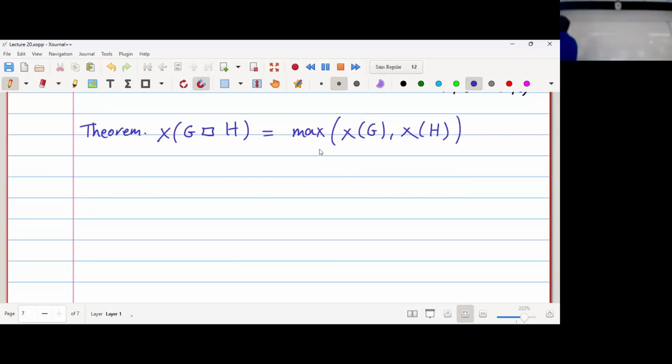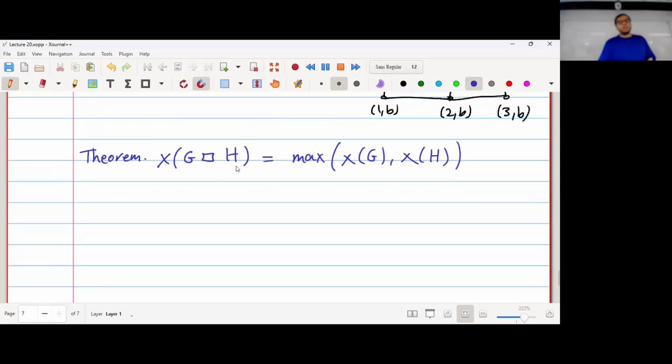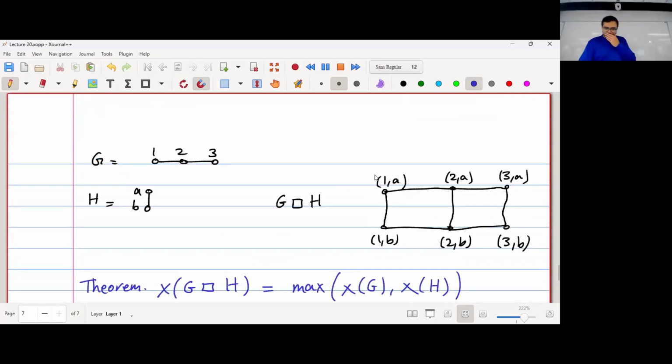So first of all, do you agree that when I take the product of two graphs, and again, none of the graphs are empty, I'm going to need more colors, or at least as many colors in the product as I need in G? Because the product already includes at least one copy of G, right? So look at this. I had this graph G here, and how did I create the product?